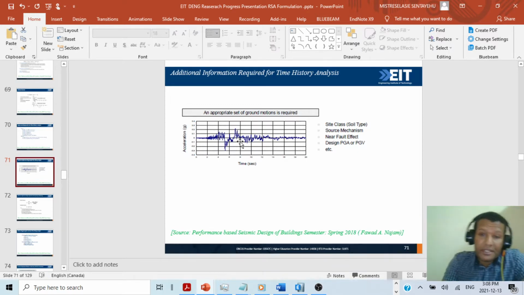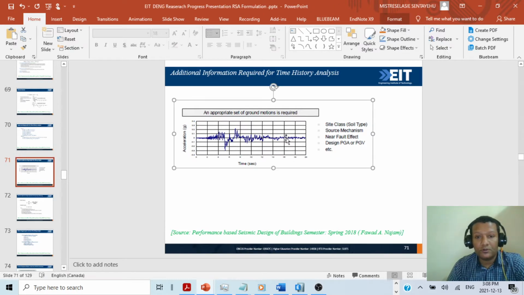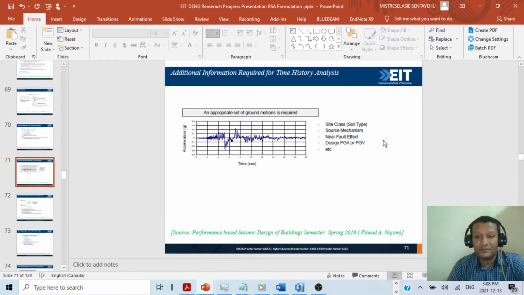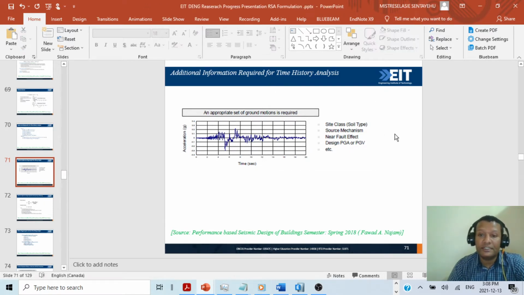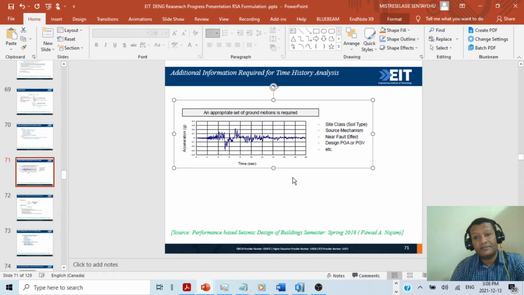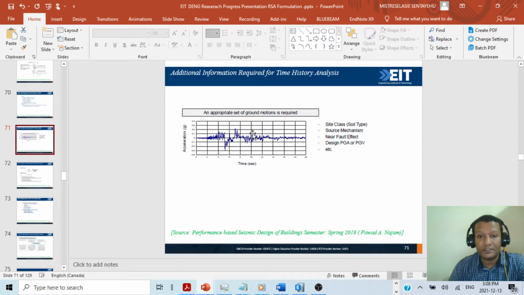I will show you in a minute how to extract ground motions and how to match them, because we cannot directly extract any type of ground motion; we have to consider site class, soil type, soil mechanisms, near-fault effects, design PGA or PGV, etc. So the criteria for choosing appropriate ground motion to match our design spectrum, the target response spectrum for our site, I will demonstrate in depth.